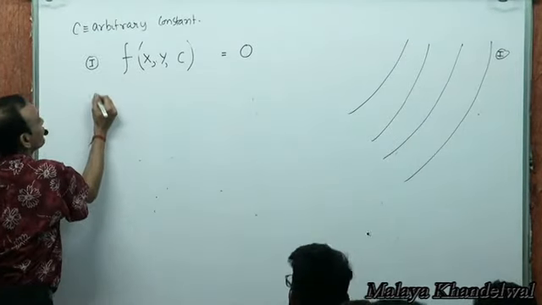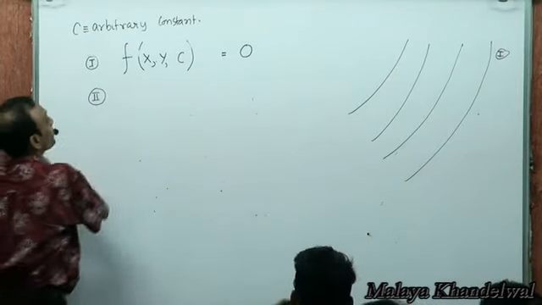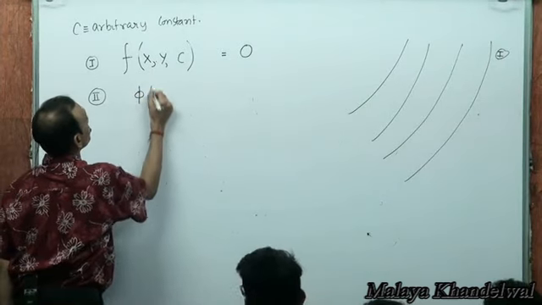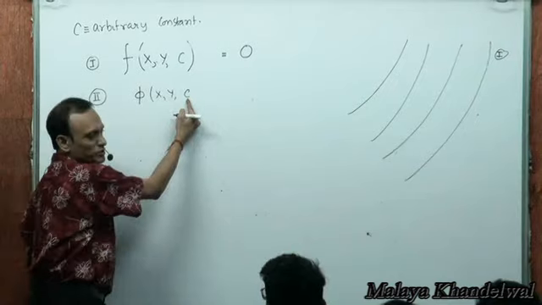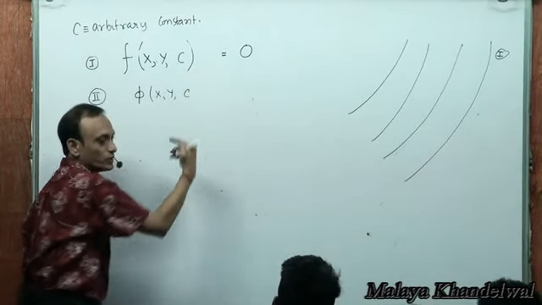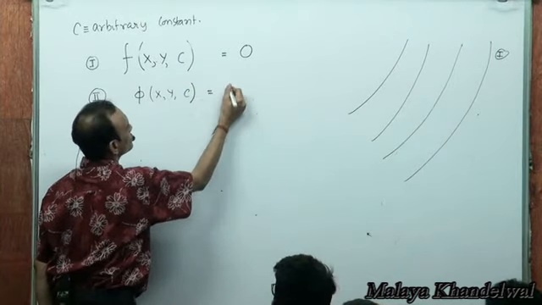And I want to find family 2, which is phi of x, y, and some c. Obviously, it's an arbitrary constant. Don't think that this c and this c are equal. They're parameters. Phi of x, y, c equal to 0.